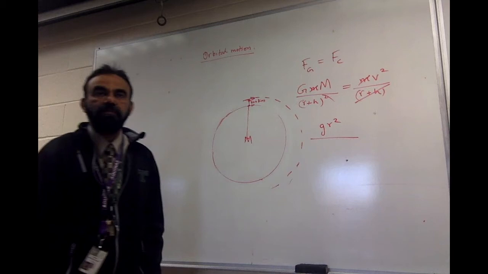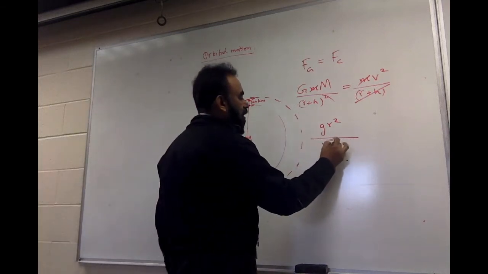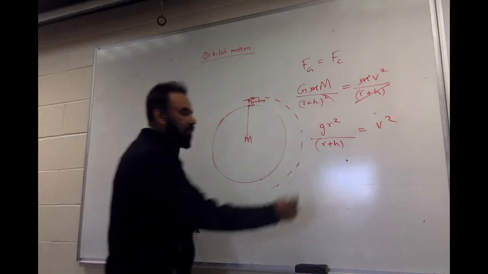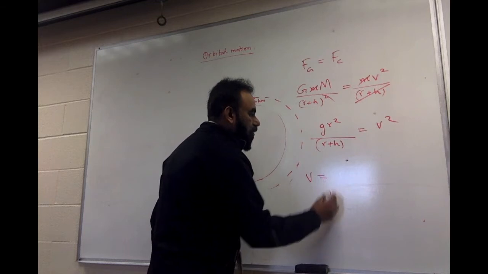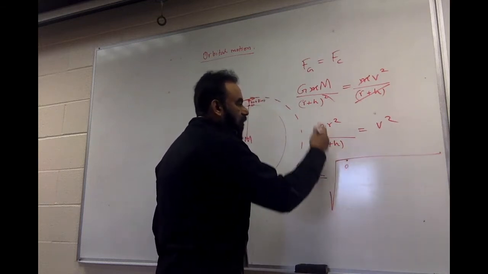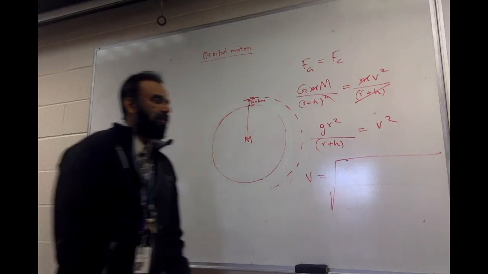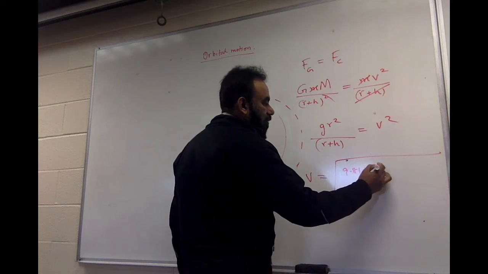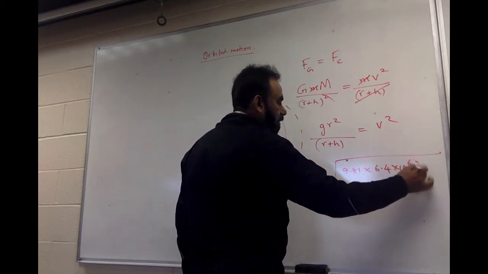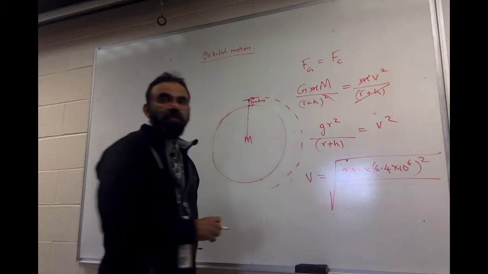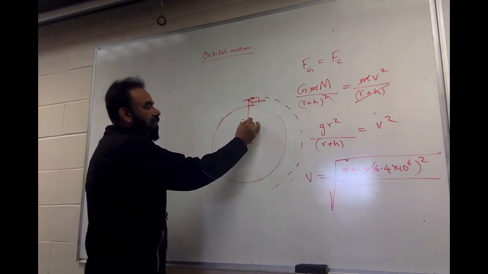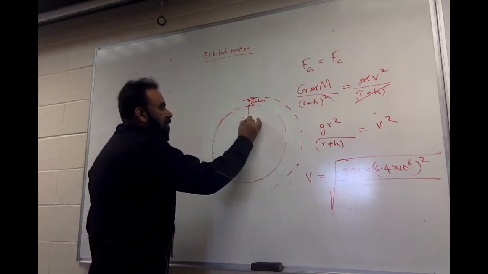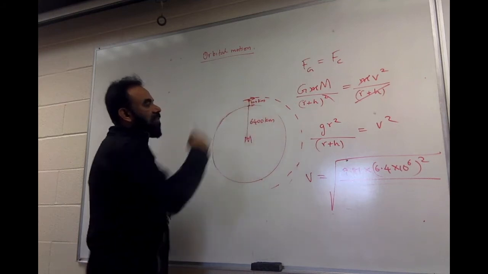So we have ultimately this equation. What is V? V is going to be the square root of g R squared over R plus H. Work it out. 9.8 times 6.4 times 10 to the power 6, squared, over R plus H. R is 6,400 kilometers, and I said 300 more kilometers.